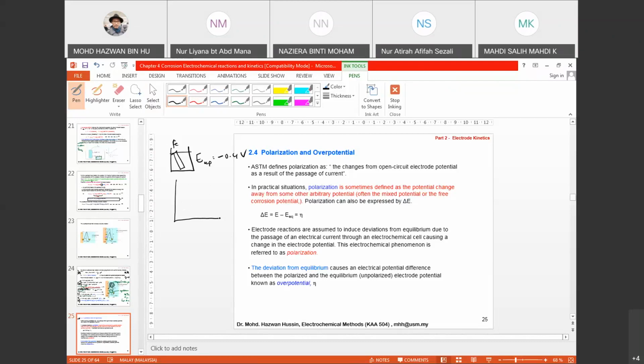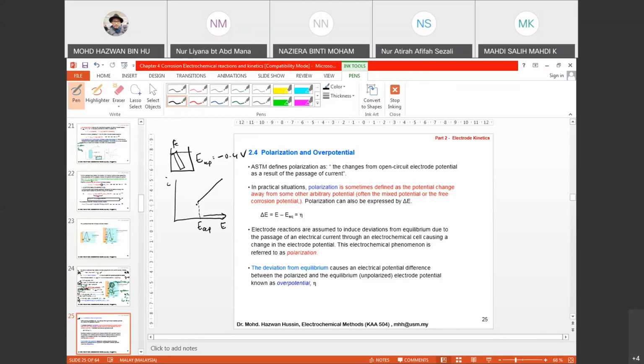So imagine you have a current to potential curve, a plot like this. You have one point over here, which is your open circuit potential value, and you increase the potential value positively. This is anodic polarization, and you study the behavior of the current. Probably you will get some increase in the current value.